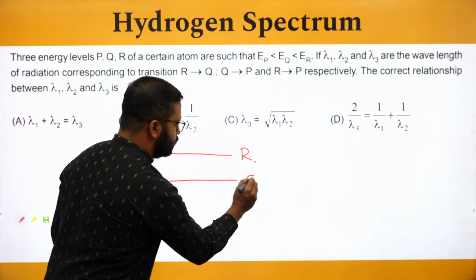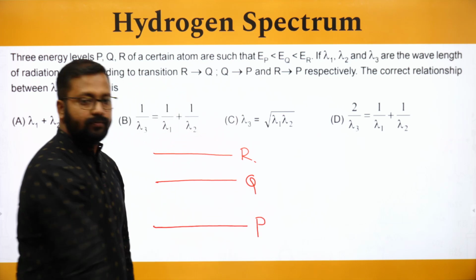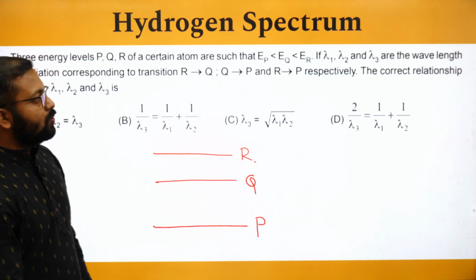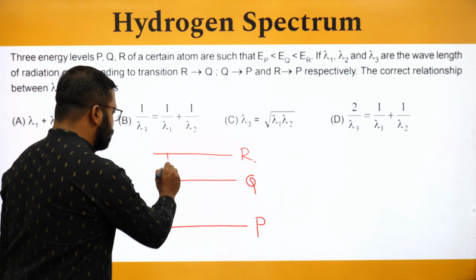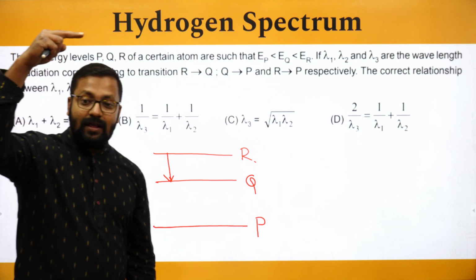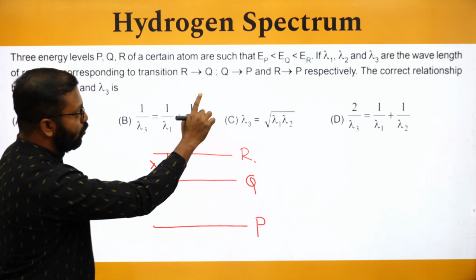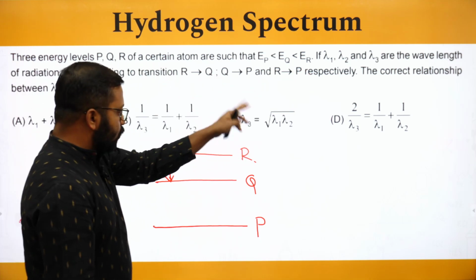This is Q and this is P. Lambda 1, lambda 2, lambda 3 correspond to transitions. When it transitions from R to Q, it is lambda 1. Lambda 2 is Q to P.